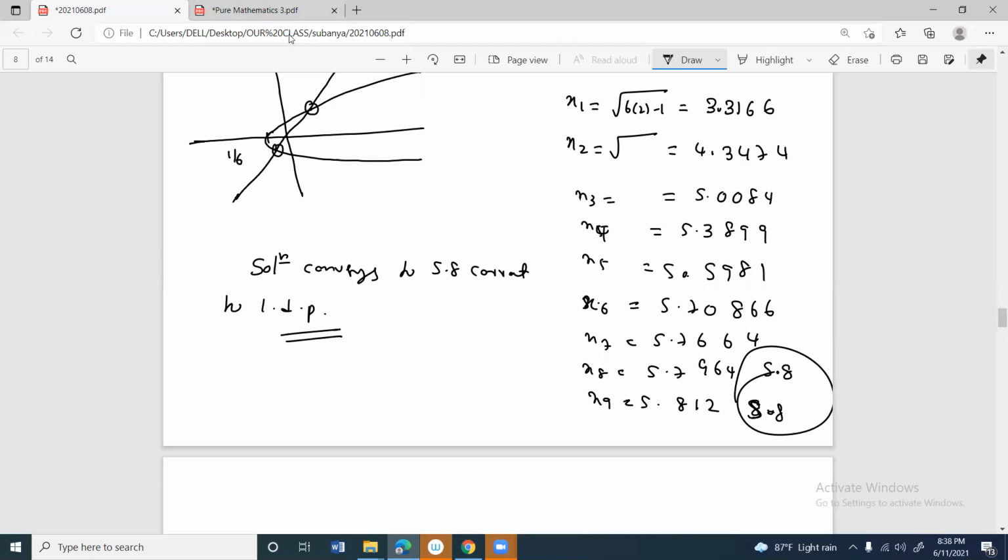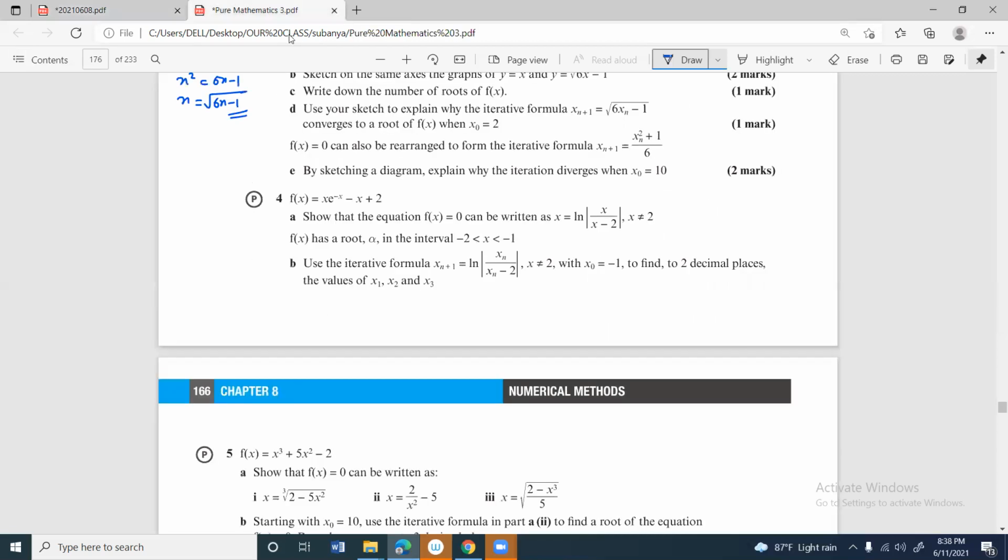Okay. The next one: f(x) = 0 can also be rearranged in the form xn+1 equals (xn squared plus 1) over 6. By sketching the diagram, explain why the iteration diverges when x0 equals 10.